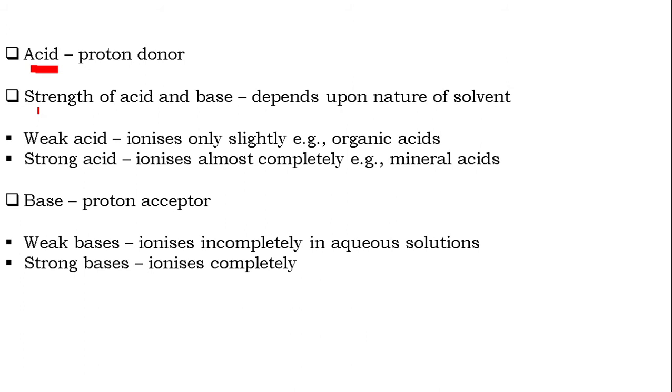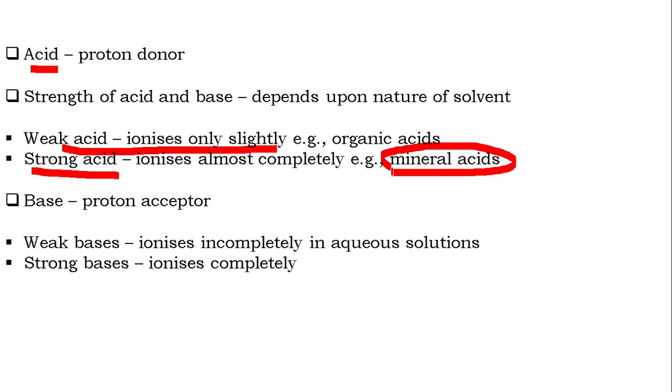The strength of an acid or the strength of a base depends upon the nature of the solvent as well. A weak acid ionizes only slightly. For example, organic acids, citric acid, tartaric acid, like that. Organic acids are actually weak acids, acetic acids, etc. A strong acid is the one which ionizes almost completely. For example, all the mineral acids, you might have heard of nitric acid, sulfuric acid, hydrochloric acid.